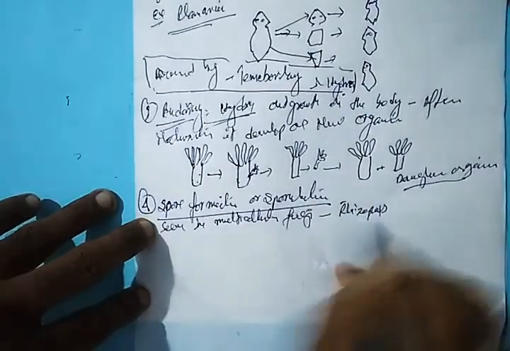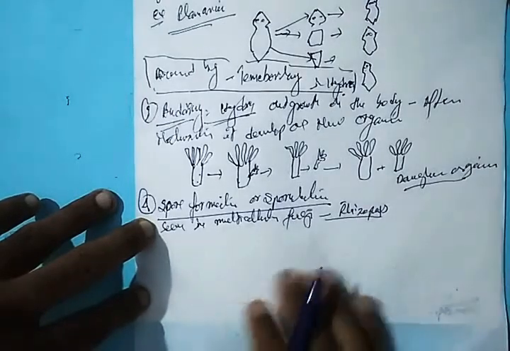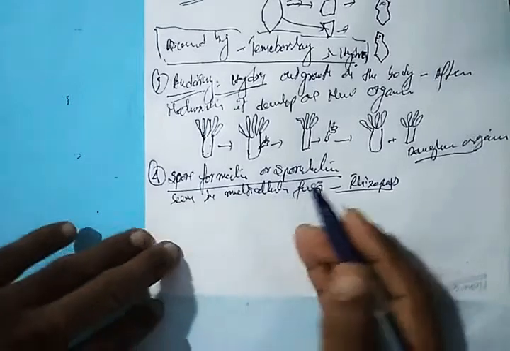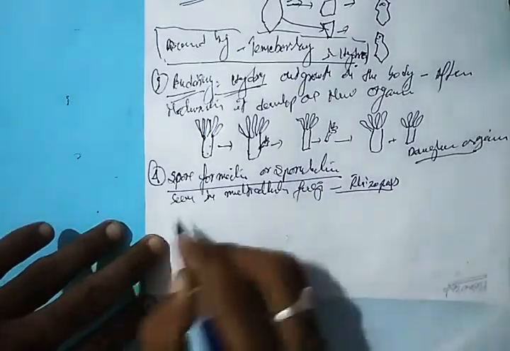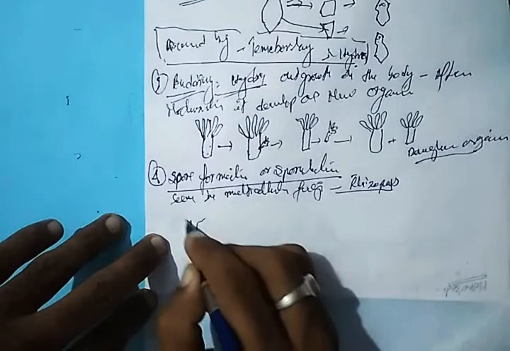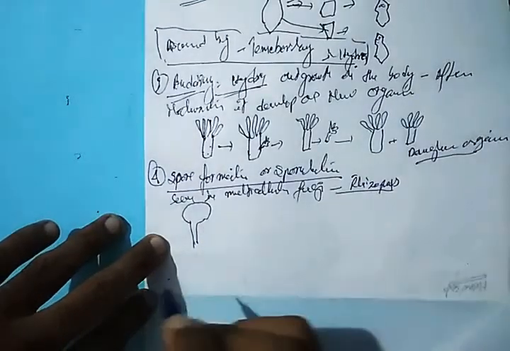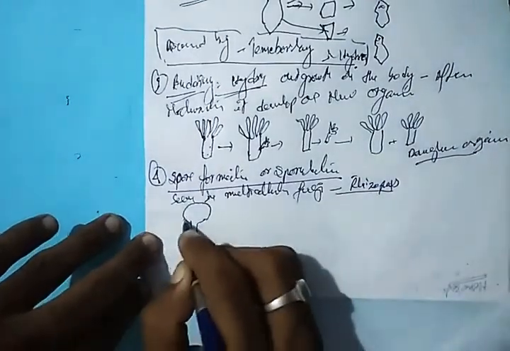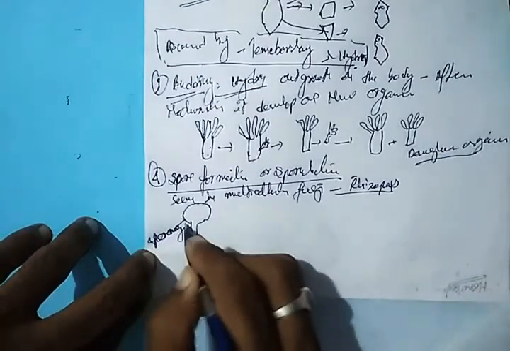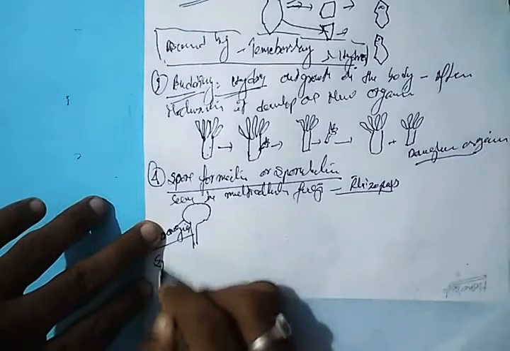Spores are basically small particles which develop in a special organ of fungi that is called sporangia or sporangium.